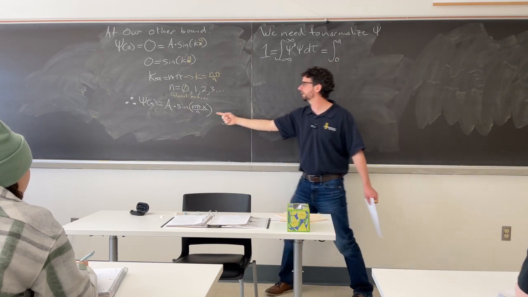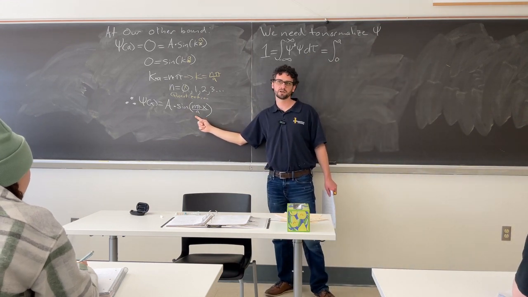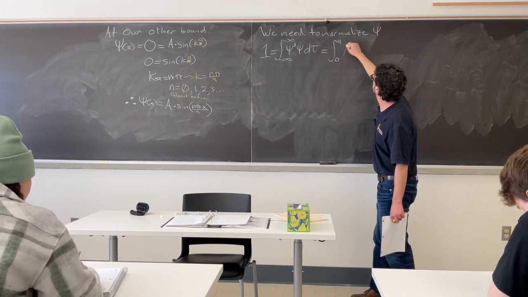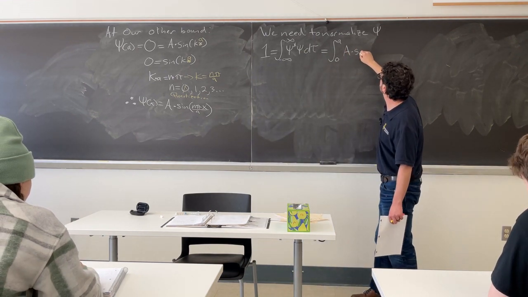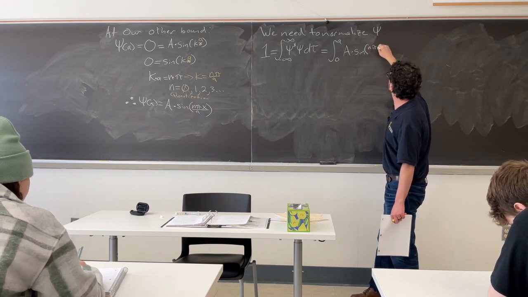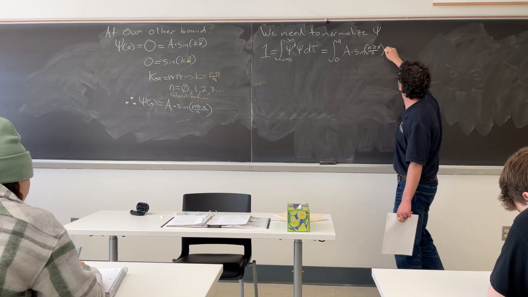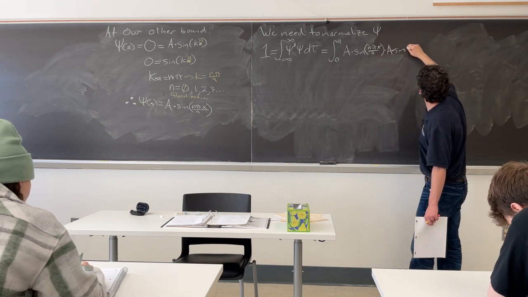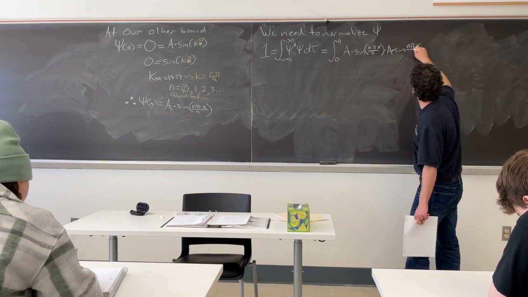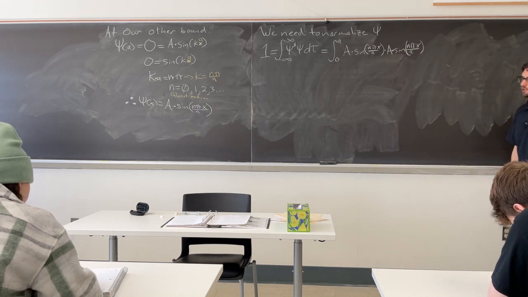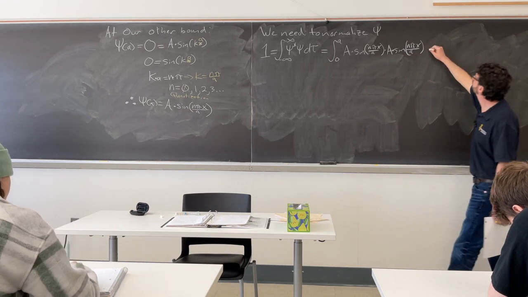The complex conjugate of this, does it change? No. Why doesn't it change? Yep, no i's. So we don't have to really worry about it. n pi x over A and n pi x over A. And then what variable are we going to change that d tau to?